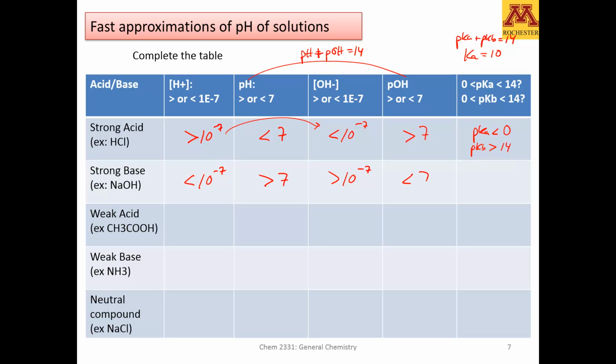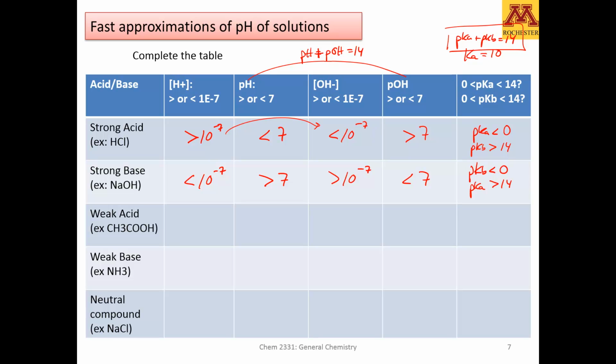Therefore, the pOH will be smaller than 7. Okay. The pKa, what do we know? Well, we know that the pKb will be smaller than 0. Okay, and the pKa, if this relationship holds true, it has to be higher than 14. This is why the conjugate acid of a strong base is neutral.